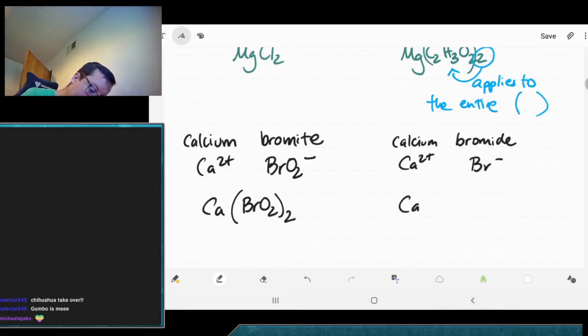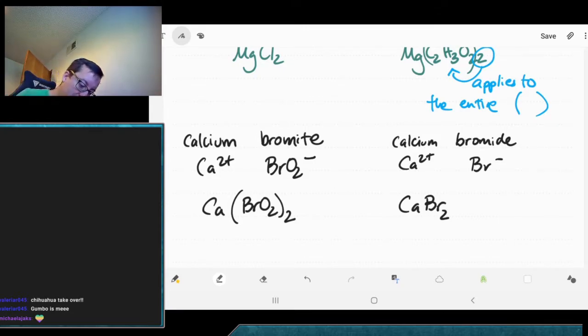If we do the same thing here, we do not need parentheses because bromine is just 1 element, so we can go ahead and put the 2 directly on it. And remember that 2 is, what's the mathematical word? Commutative? It applies to everything within it. So everything within that parentheses is covered by that 2.